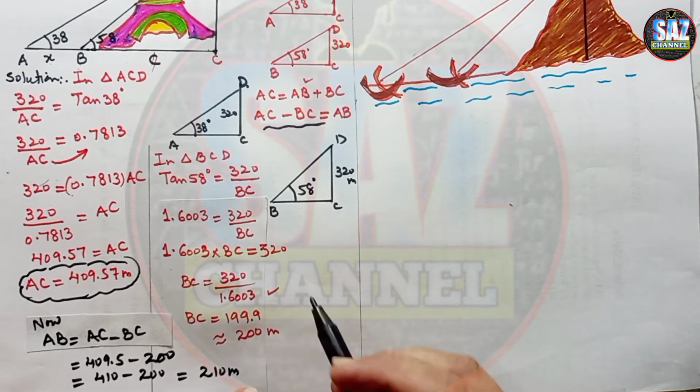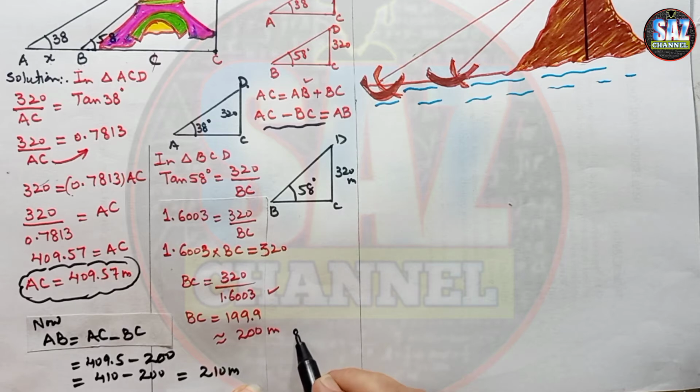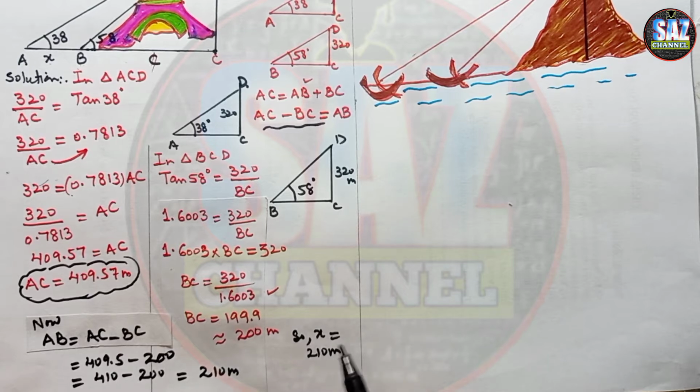So AB, which is equal to X, is equal to 210 meters, which is the actual requirement of the question. And I hope you are clear about this question.